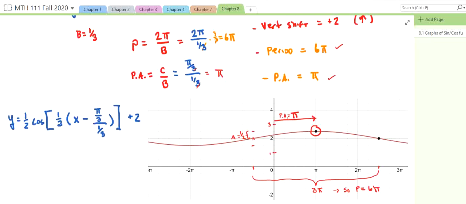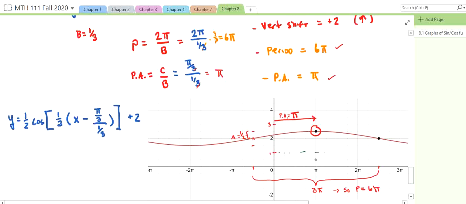Now, our vertical shift is a little trickier to figure out here, because the amplitude's been changed. If this was a typical cosine function, our amplitude would normally be 1, and it would oscillate between minus 1 and 1.